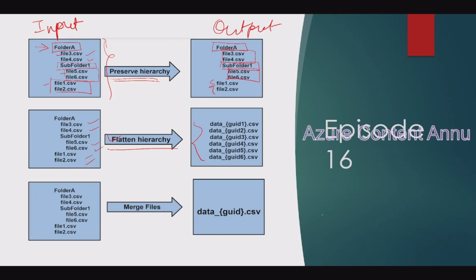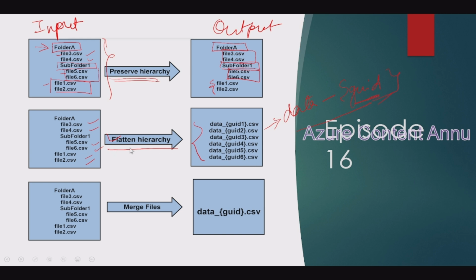Also, it will auto-generate the file names. The output file name will be like data underscore, and then it will generate some unique numbers for each of the files. That means data underscore with some globally unique identifier as the suffix. So each file name will be different.